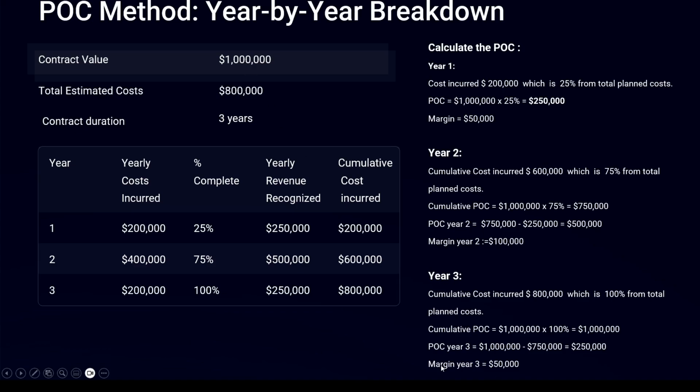Then the margin for year 3 will be 50,000, which is the difference between 250,000 minus 200,000 as total cost. If we add all the different margins, year 1, 50,000, year 2, 100,000, and year 3, 50,000, we get a total of 200,000 as gross margin. If we go to the planned contract, it's the same value, the same margin, which is 200,000.